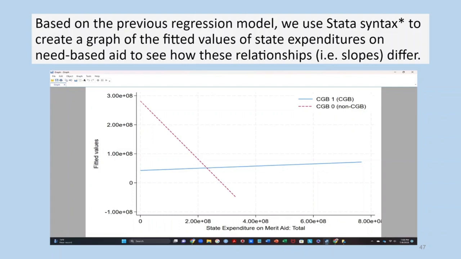But for states without consolidated governing board, 0, there's a decrease. Okay? So you might want to do this. If you're doing a project like this and you're utilizing interaction variables to see how these things differ by the type of state governance, you might want to create a chart like this. It helps you to explain what you get in your Stata output, right?